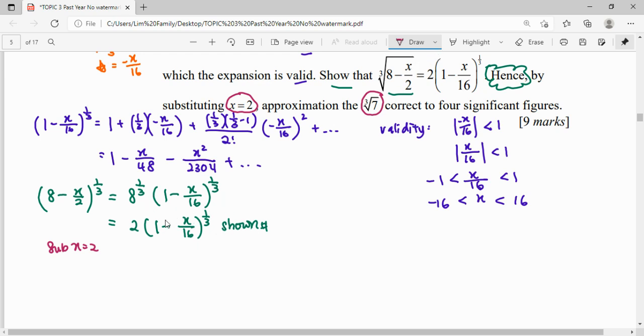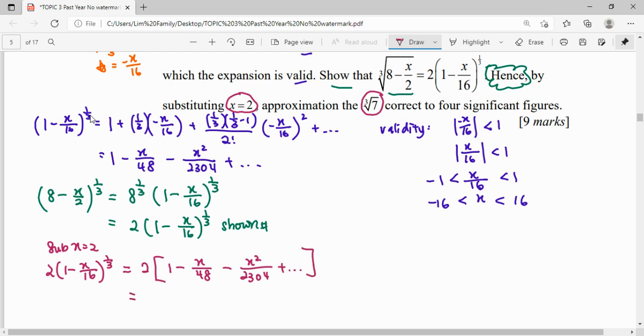So our expansion here will be 2 times 1 minus x over 16, power of 1 over 3. This title of expansion is equal to 2 times, where we can use the expansion here: 1 minus x over 48 minus x squared over 2304.